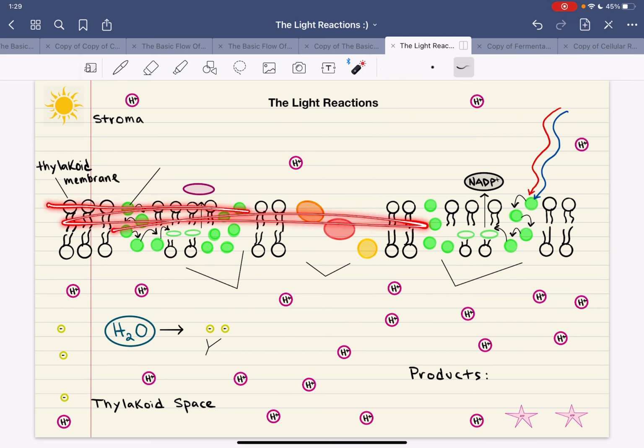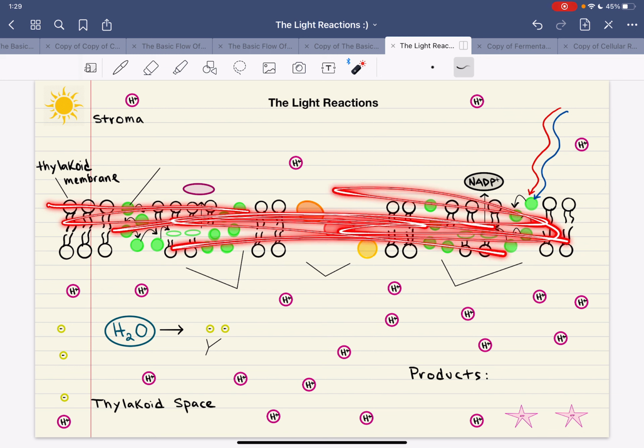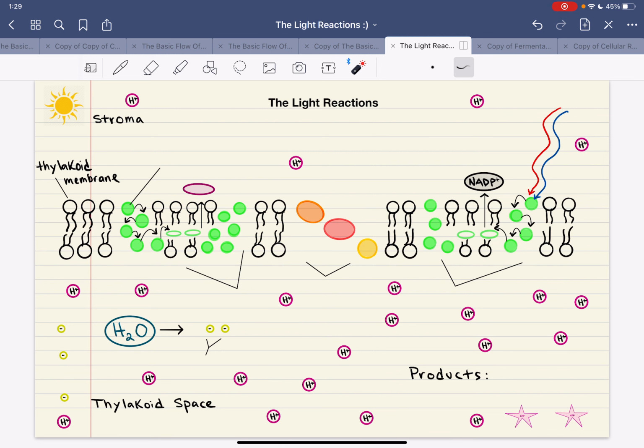All right, so this is the thylakoid membrane that was dark green in the previous picture. So the solution outside of that membrane is called the stroma, and the solution inside of it is called the thylakoid space. This is the innermost compartment of the chloroplast.